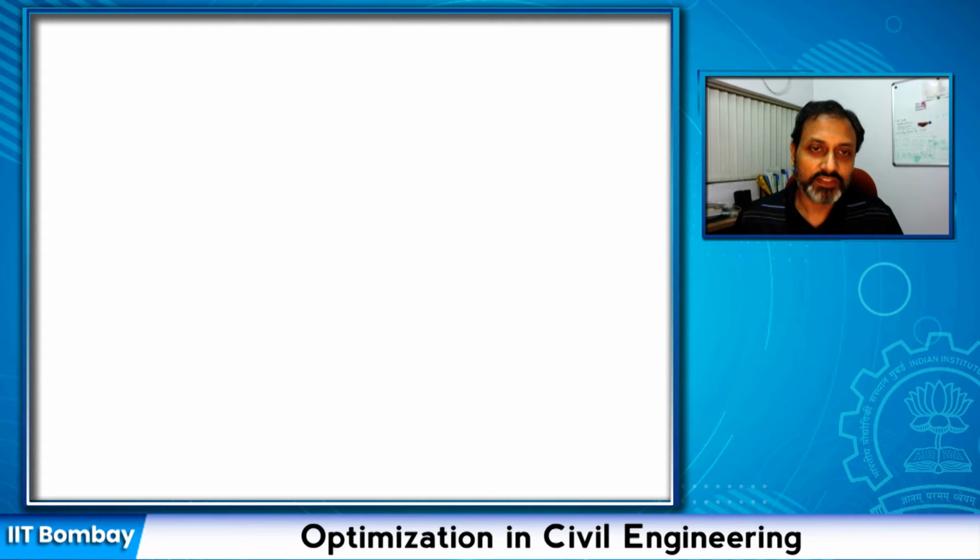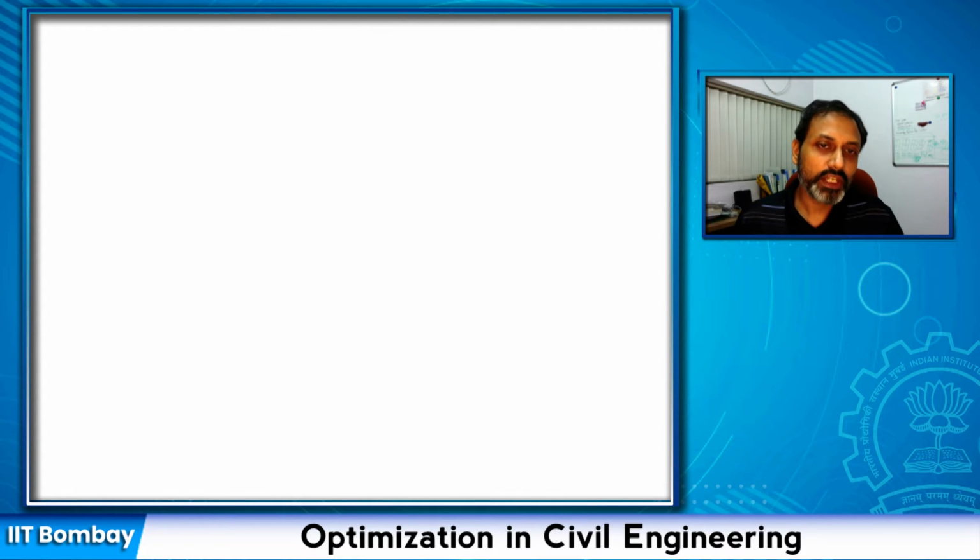However, in the process, we also found out that the number of equations that need to be solved for the solution had increased from n plus m, which was there in the equality constraint. Now it has become n plus 2m, where m stands for the number of constraints and n stands for the number of variables.